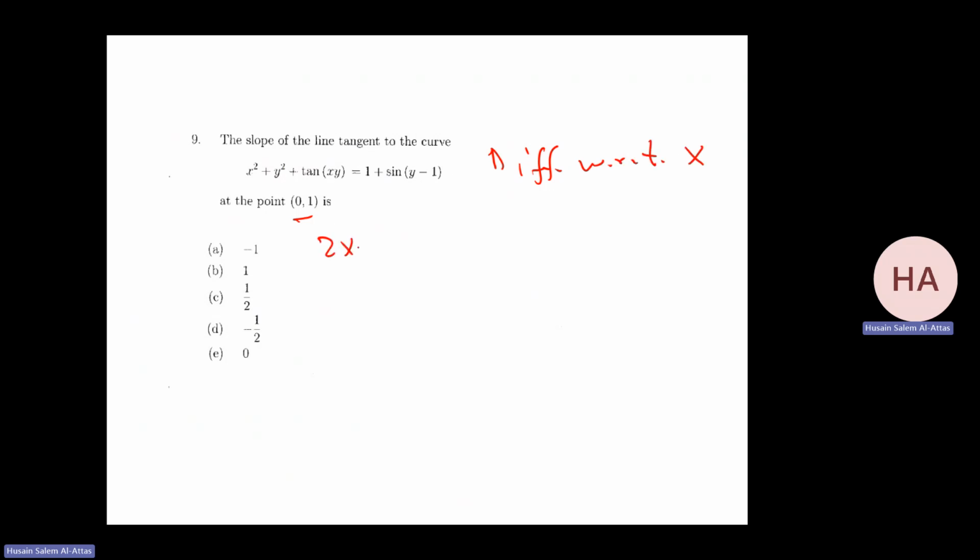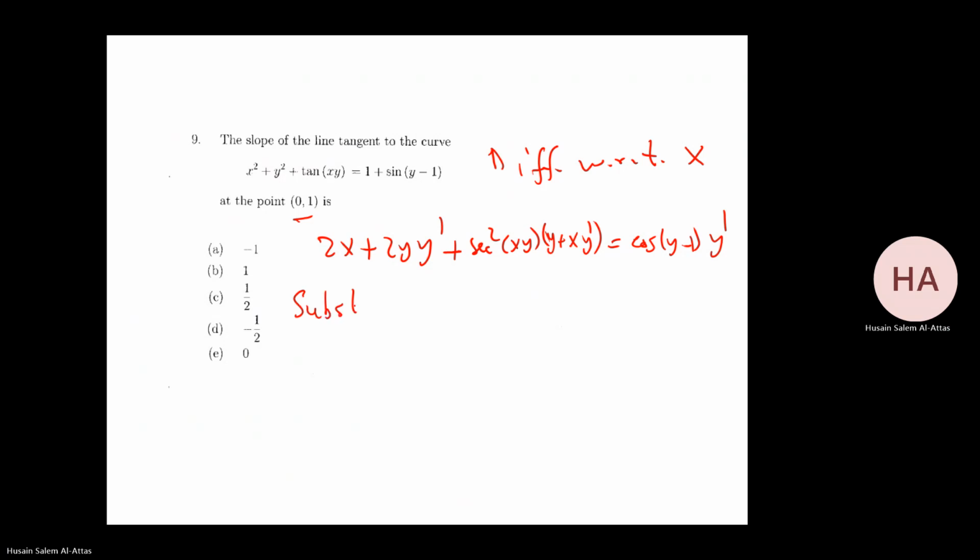I have 2x plus 2y y prime, plus, be careful here, secant square of xy, and the derivative of this is a product of two functions: y plus x y prime, equals, this is 0, so I have cosine of y minus 1 times y prime, which is the derivative of y minus 1. Okay, now substitute x equals 0 and y equals 1.